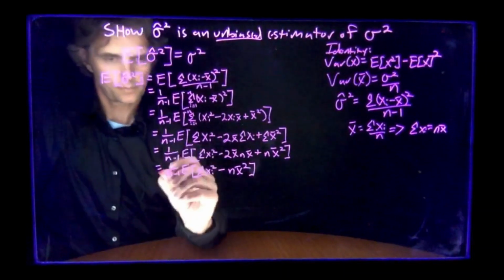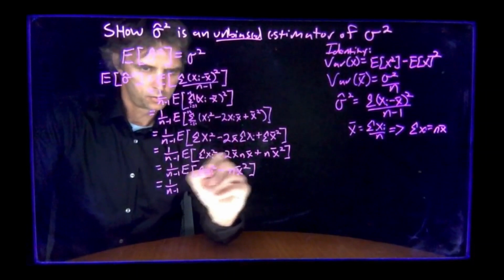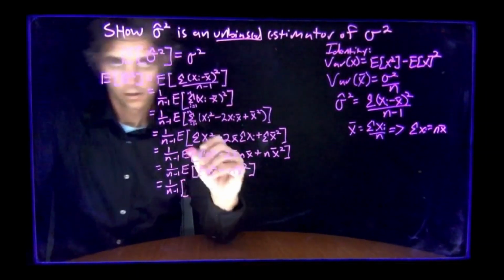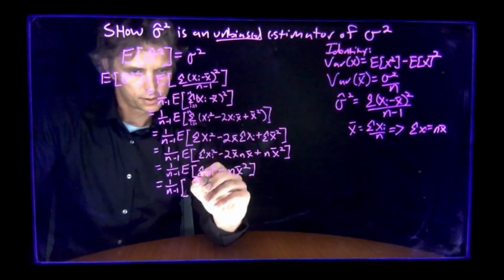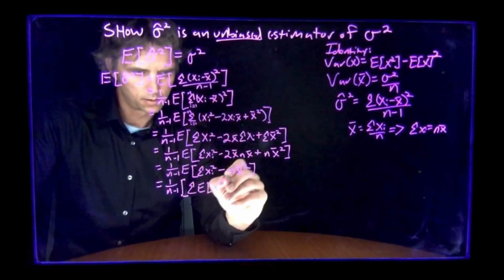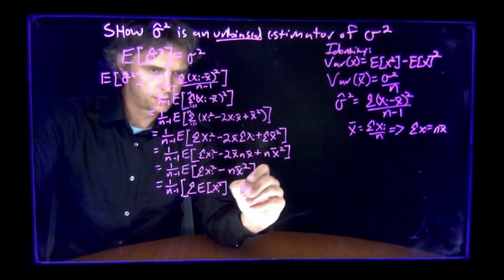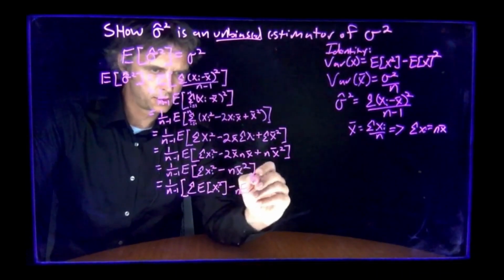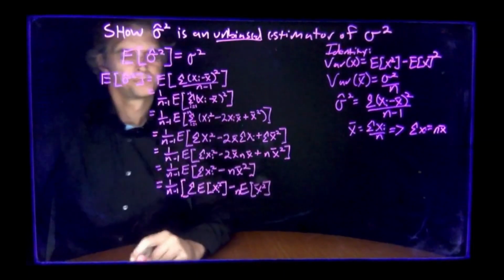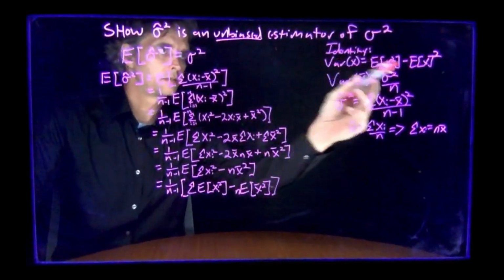Okay. So this equals 1 over n minus 1. So we'll bring that expected value in now. We know that that's equal to the sum of the expected value of xi squared minus the expected value, that n will come outside, of x bar squared. Okay, so now we're going to use our identities finally here.